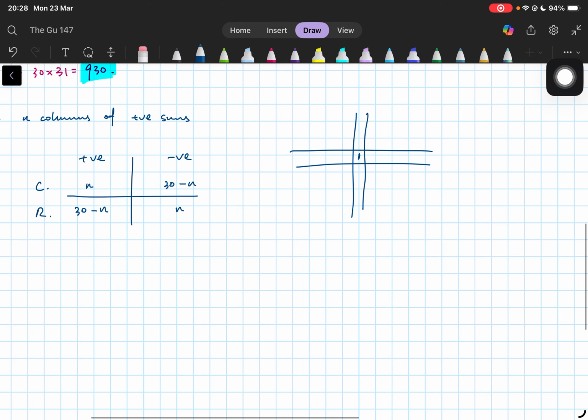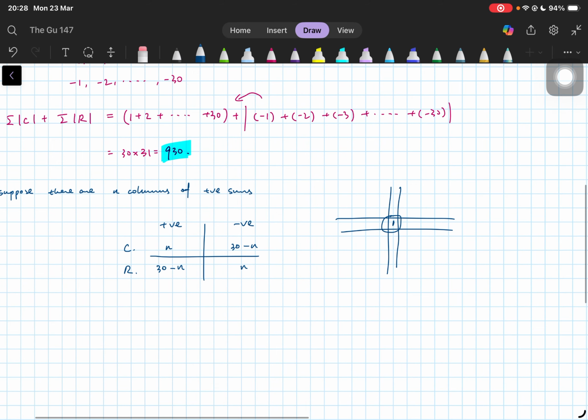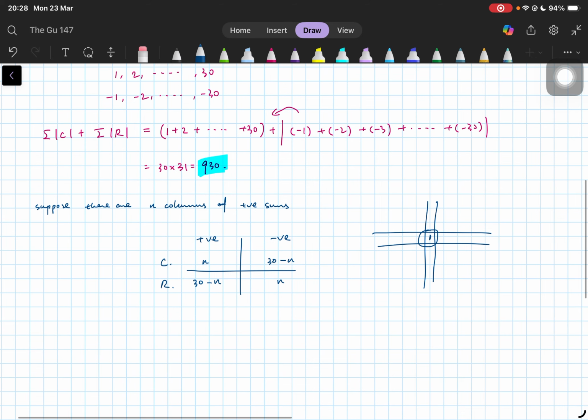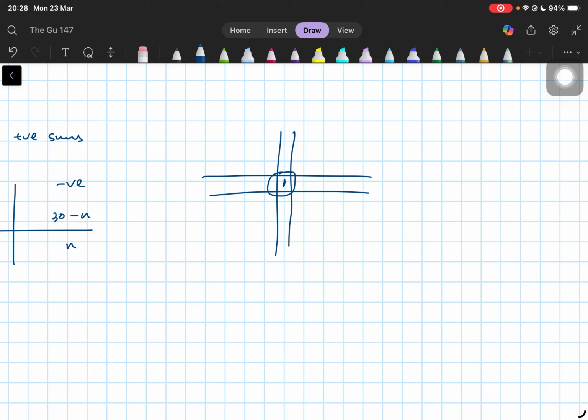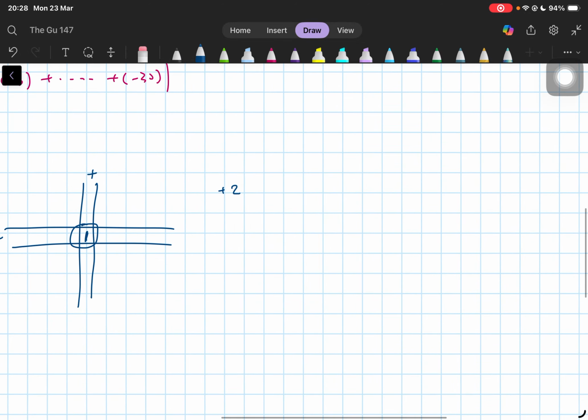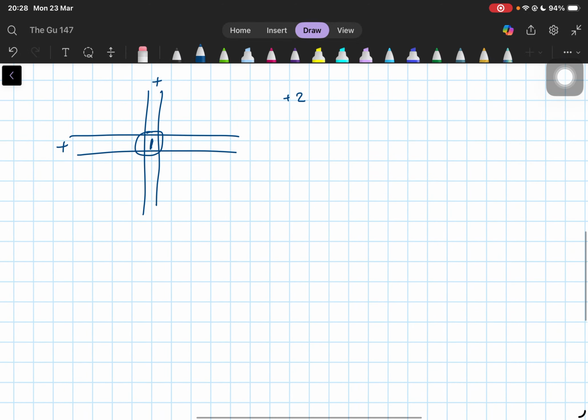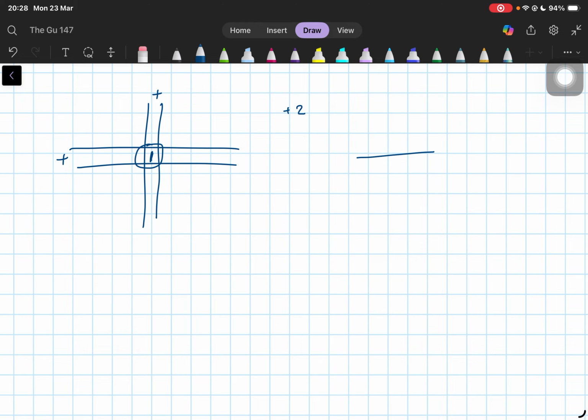Let's consider how this cell will contribute to the expression, which we call S. How is this cell going to affect S? 1 is a positive number, so if both the row sum and the column sum are positive, then this one is going to have a double contribution effect, so it's going to do a +2. Otherwise, it could do a -2 if they're all negatives.